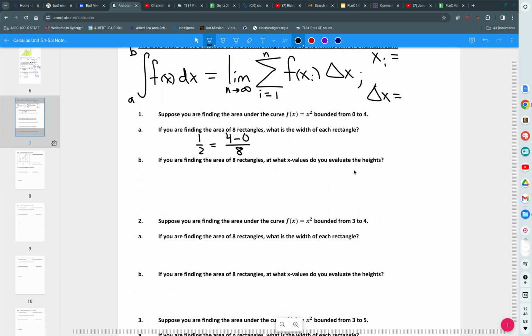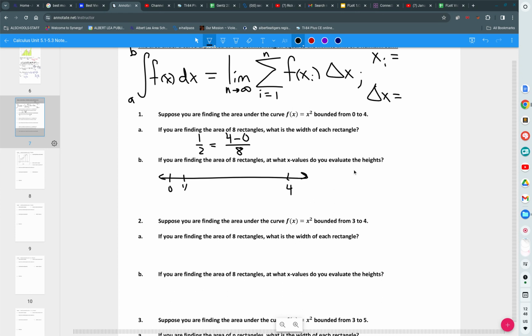Suppose we want to find the area of those 8 rectangles, and we're going to do a right-hand sum. At what spots do we evaluate the heights? Right side. Okay, so we're going to go from 0 all the way over to 4, okay? We're dividing it into 8 parts. What's the first spot that you evaluate the height?